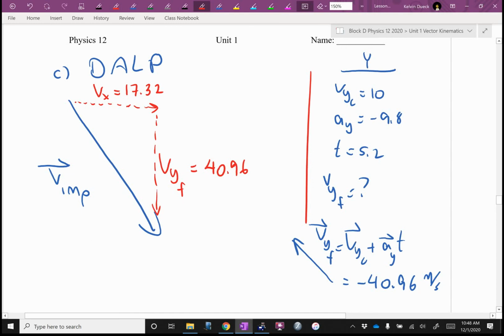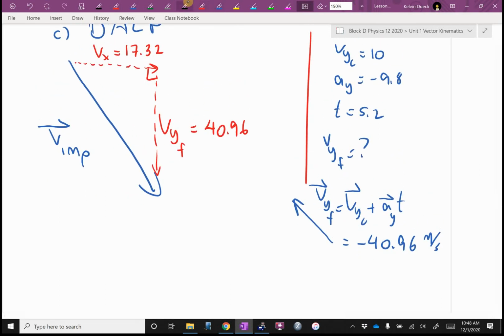How can I find the magnitude of the impact velocity? Pythagoras. Yeah, I was going to say I'm looking for a word that starts with the letter P and rhymes with Pythagoras, but yeah, Pythagoras.